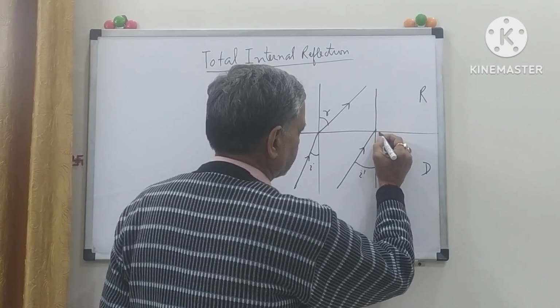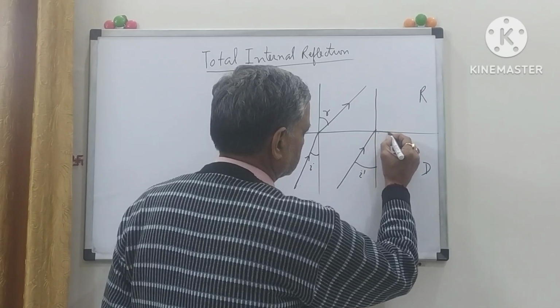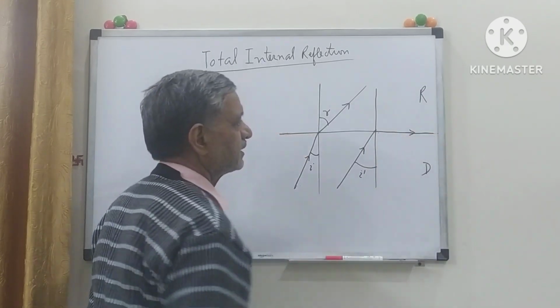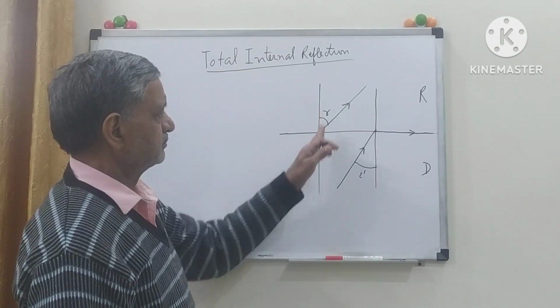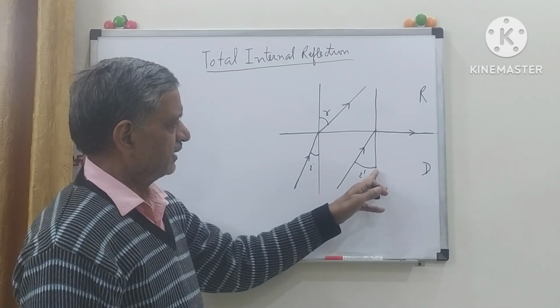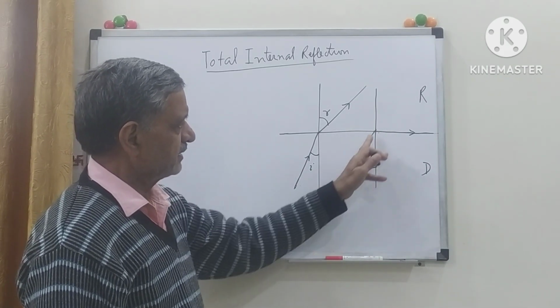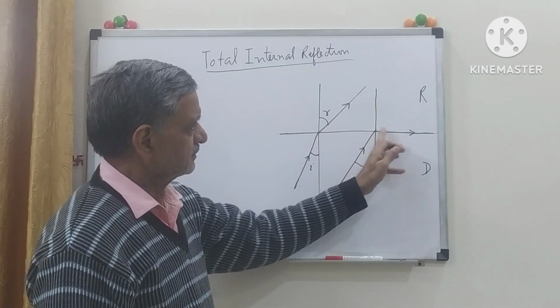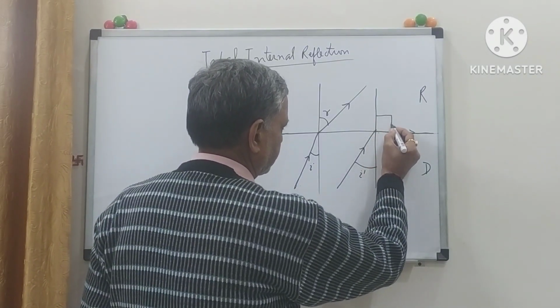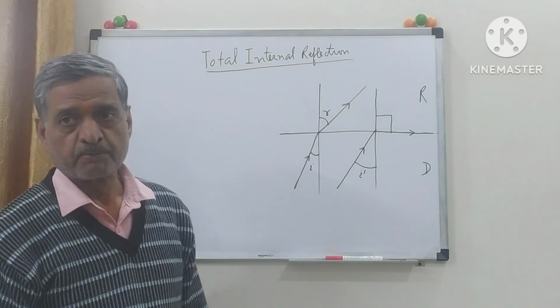Now suppose the angle of refraction increases to this point, just at the interface of the medium. I increases, R will increase, and now say the value of I is such that R is 90 degrees. The refracted ray is at the interface of the two media.